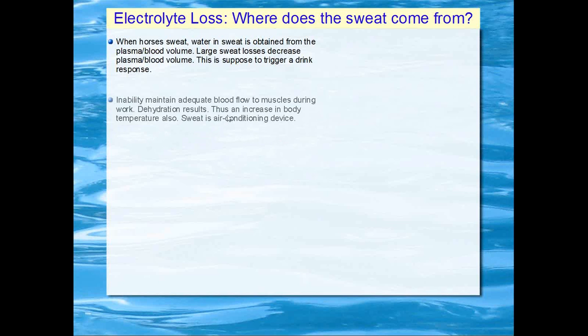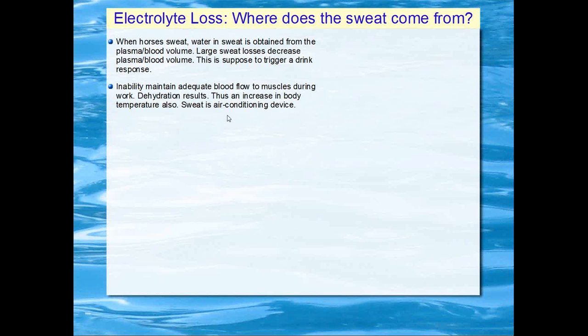So that's one way a horse's body asks itself to rehydrate. When we lose that water in the blood, flow cannot go to muscles for work. Dehydration results, and that's when the body temperature increases, because we are expecting sweat to work as our cooling device. So sweat is actually our air conditioner.